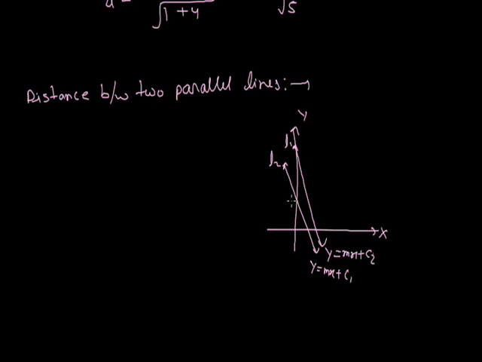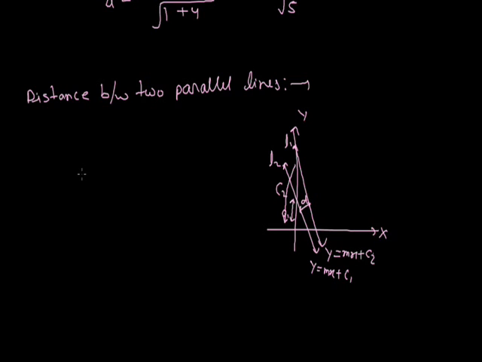So now we know that this distance is c1 and this whole distance is c2. So how can we find the distance between these two parallel lines? Suppose the distance between these two parallel lines is d.